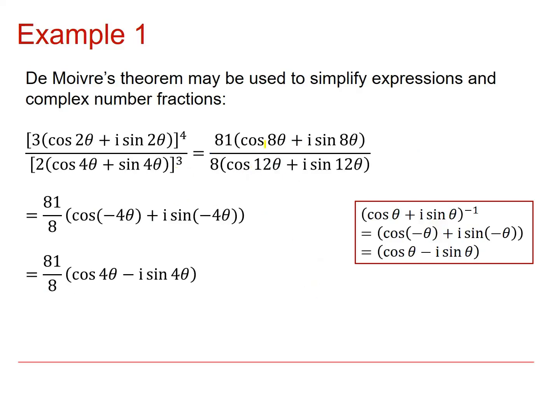You can see that this division really does end up with negative angles in here, a negative argument, and there's the bit of theory that we've just been using about cos being even and sine being odd. So we end up with this result.